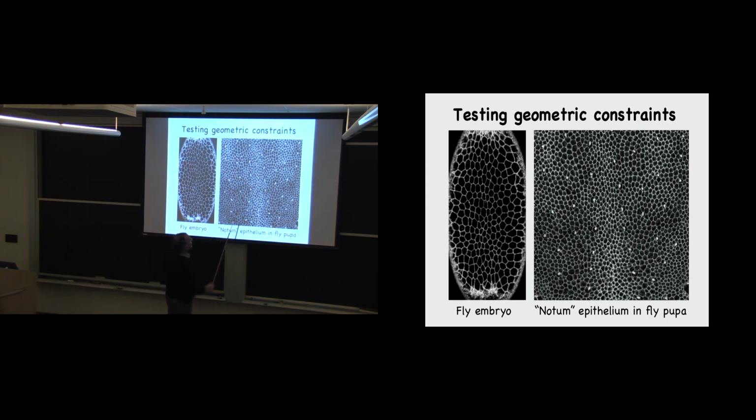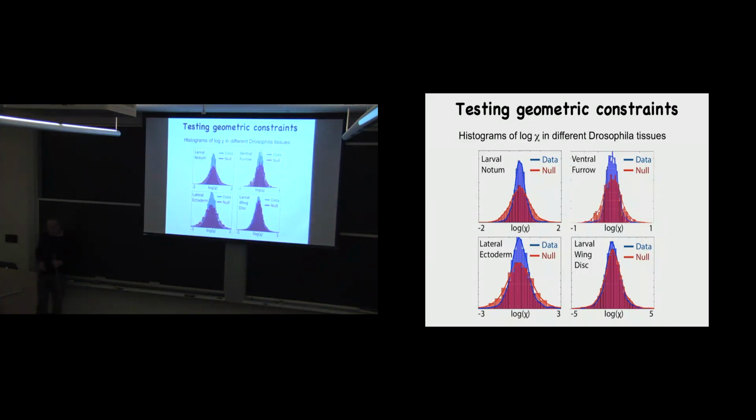You see there are these tilings that we can image process, measure all the little angles here, and construct these ratios and plot the distribution of, in this case, the logarithm of this ratio.